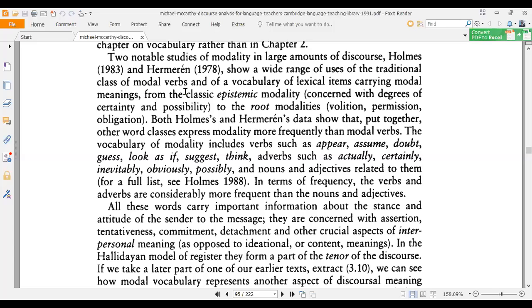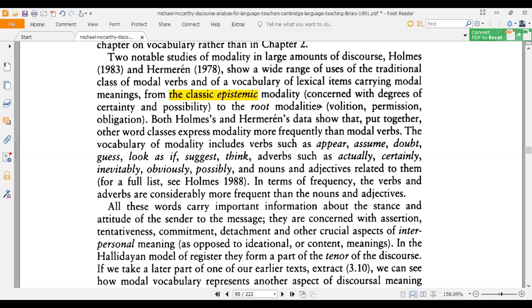meanings, from the classic epistemic modality. In the previous lesson we talked about the epistemic type of modality. Classic epistemic modality is concerned with degrees of certainty and possibility.